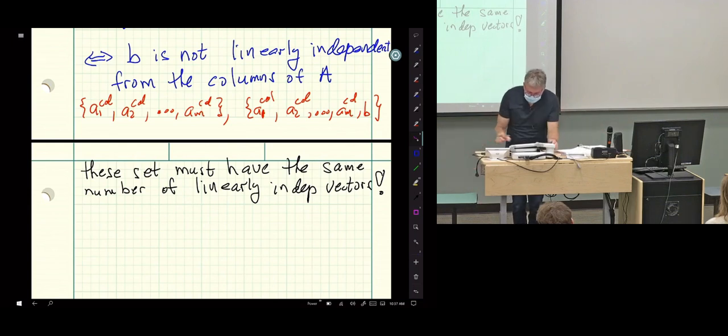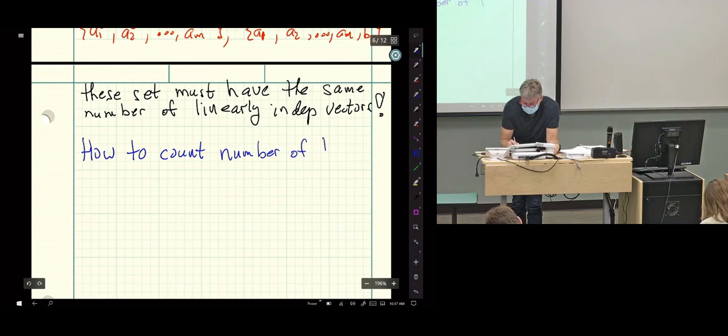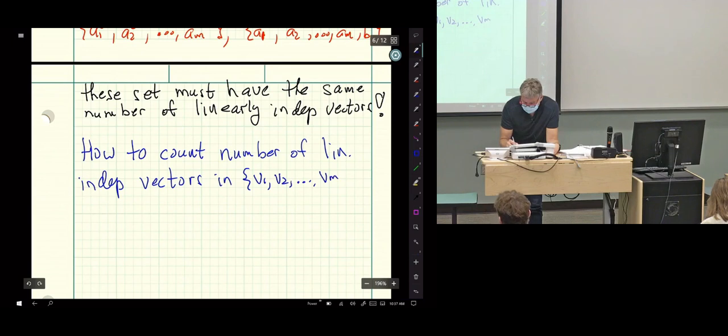Okay, so back to our vectors. How do we check the number of linearly independent vectors? So how to count the number of linearly independent vectors in V1, V2, ..., Vm.